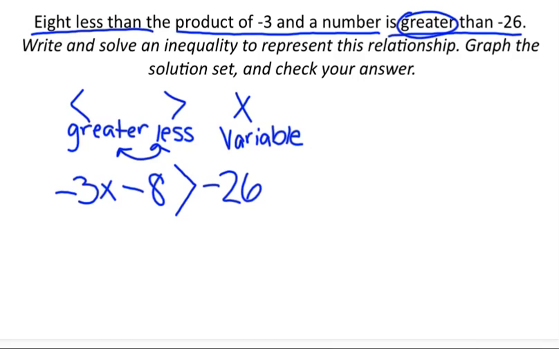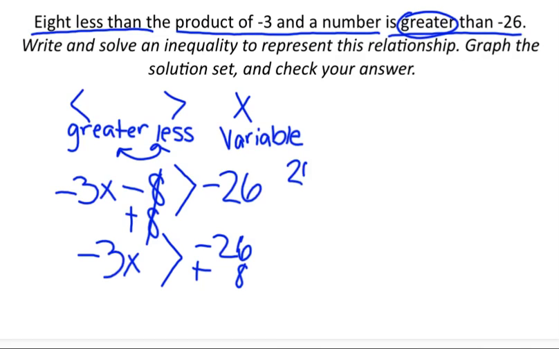So first what you have to do is plus 8 on the left side, and they cancel each other out to get 0, because negative 3x minus 0 is negative 3x. And then you bring this down and do negative 3x, greater than negative 26 plus 8.